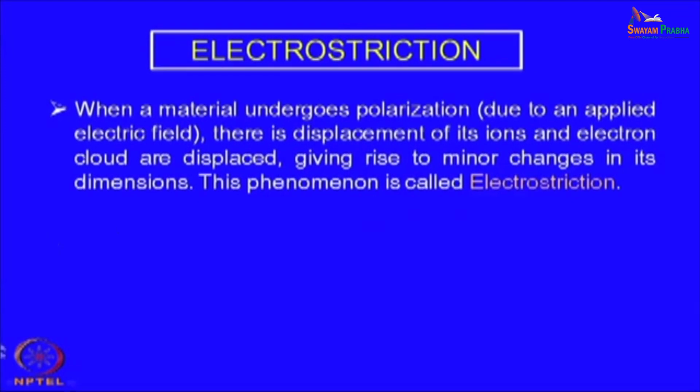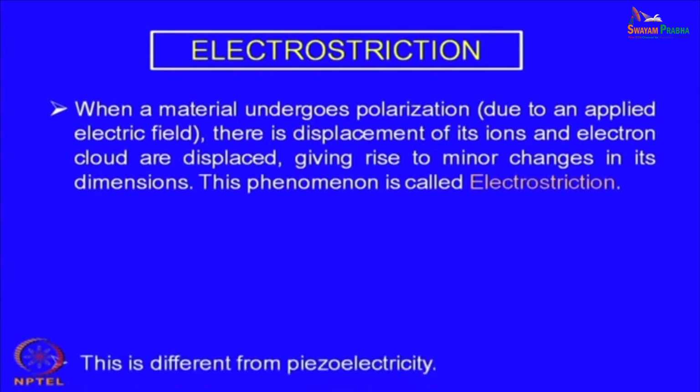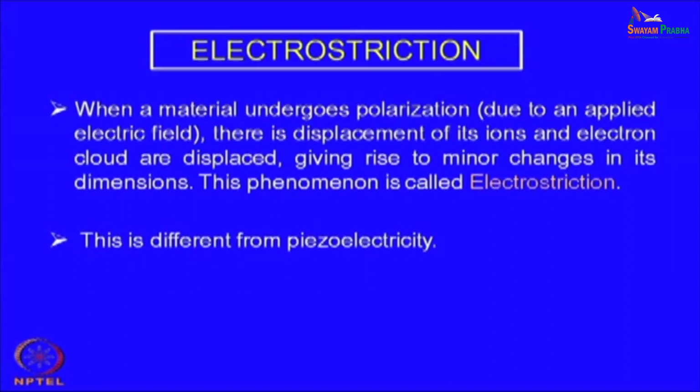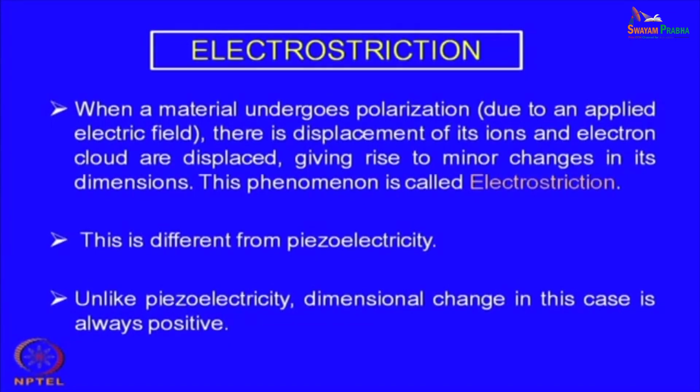Finally, the last slide in this, I think, is electrostriction. Maybe we are aware of the so-called magnetostriction. Whenever there is a magnetic field, there is a volume change or dimensional change of the material. And similarly, there is an effect called the electrostrictive or electrostriction effect.